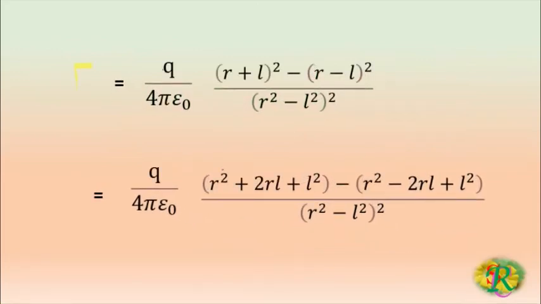The resultant electric field E is equal to Q by 4 pi epsilon 0 [(r plus L) whole square minus (r minus L) whole square] divided by (r square minus L square) the whole square, which is equal to Q by 4 pi epsilon 0 [r square plus 2rL plus L square minus (r square minus 2rL plus L square)] divided by (r square minus L square) the whole square.